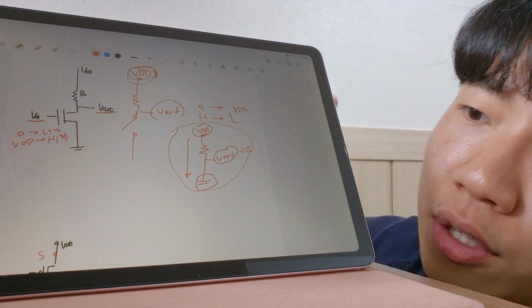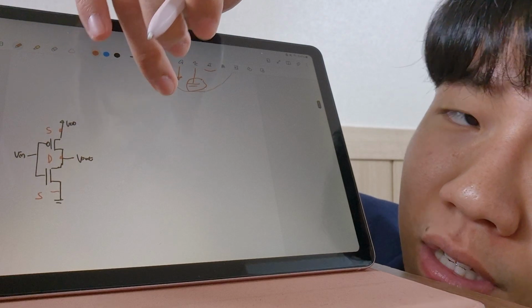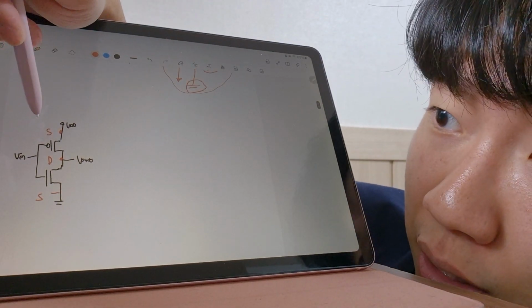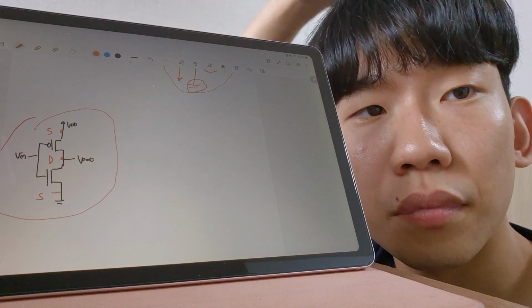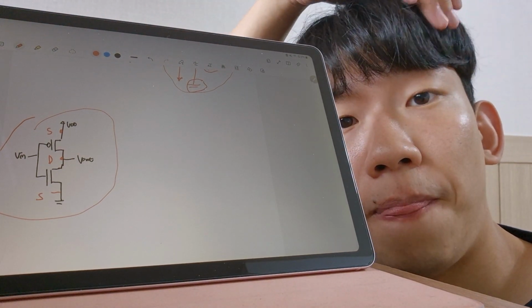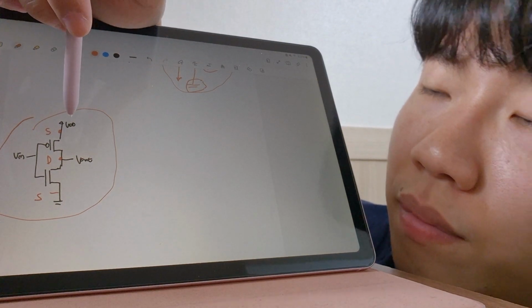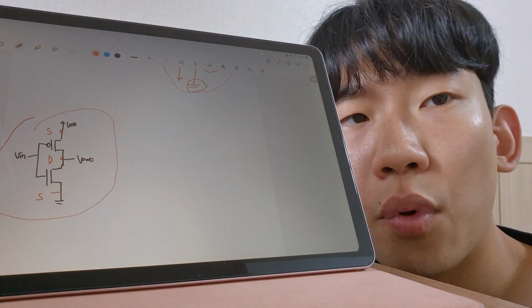So we use CMOS. CMOS is like this, and PMOS and NMOS both exist.